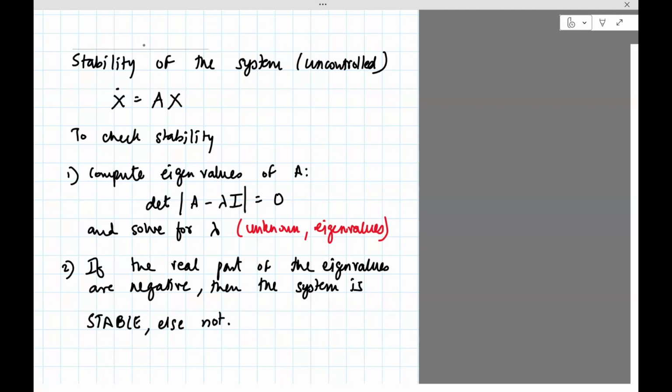So for a system with 4 eigenvalues, you check the real part of all 4 eigenvalues. If any eigenvalue has a positive real part, that means the system is unstable, which means it will basically go unstable, go to infinity, or it won't stay near zero. So an example is if you take a simple pendulum, a pendulum which hangs down, the eigenvalues of that are actually negative, which means stable.